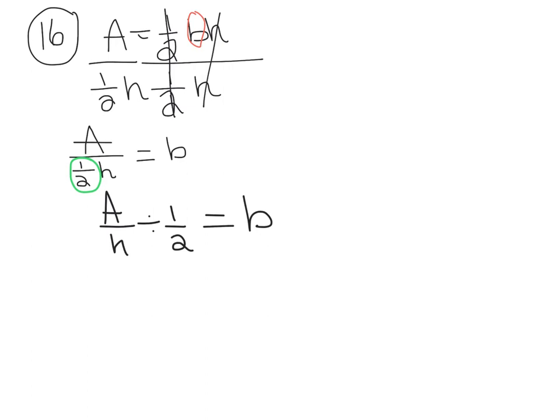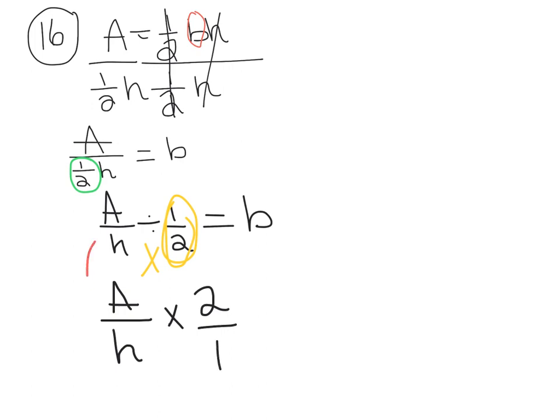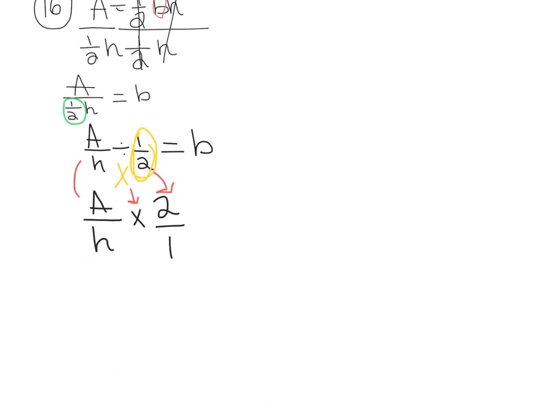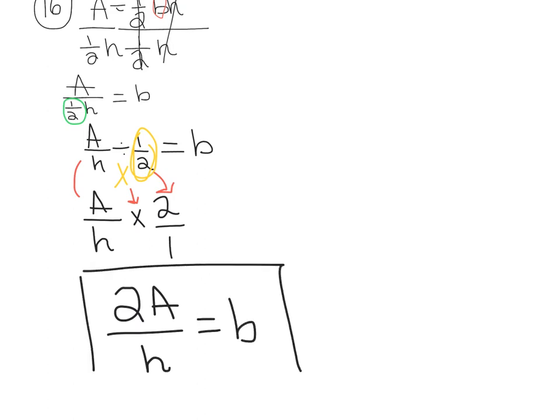Dividing by fractions is easy as pie, flip the second and multiply. So in my song, you keep the first one, and you multiply, and you flip this one. And so for you guys, you learned it as keep, change, flip. And so when you do this, you're going to get 2 times A, which is 2A. H times 1 is H, and this equals B. This was definitely a trickier problem.